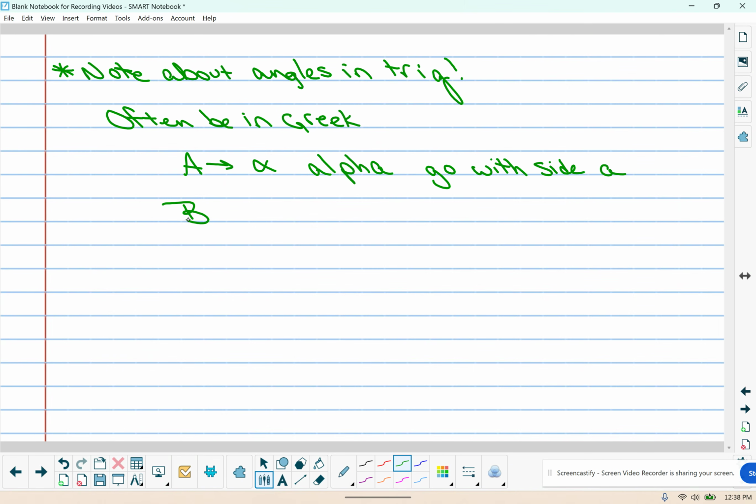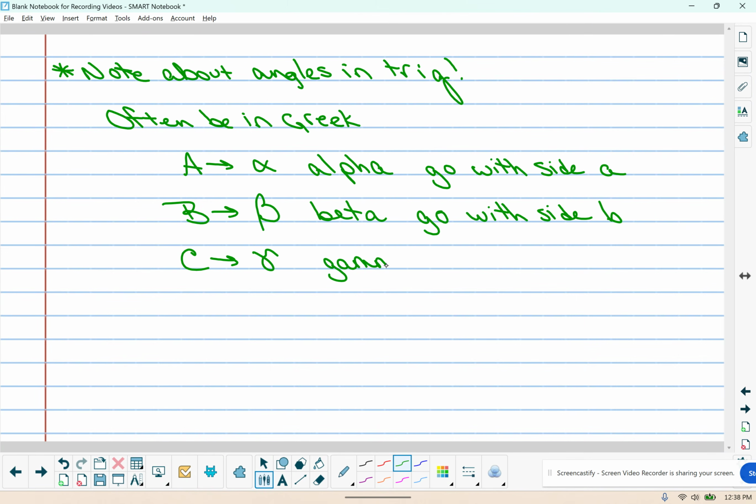Okay, instead of a B, you might see beta, and that would go with side B. Okay, instead of a C, this one looks a little weird. This one's called a gamma. It almost looks like a weird little R kind of.